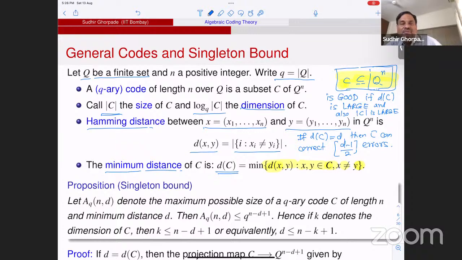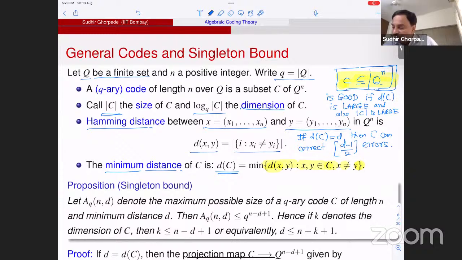But then you have just two code words, and that's very few, because when you want to encode a message space which has lots of messages, you cannot get an injective map into a space consisting of just two code words. So you want the size of C to be large, but at the same time, you want the minimum distance to be large. So that's the kind of game that comes into the picture when you want to construct good codes. There are other parameters of a good code. We will come to that.